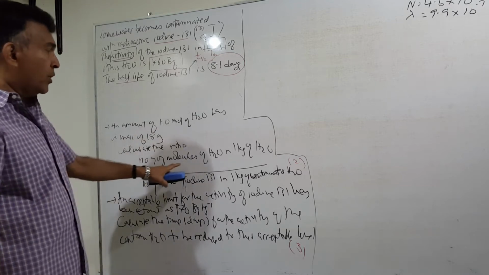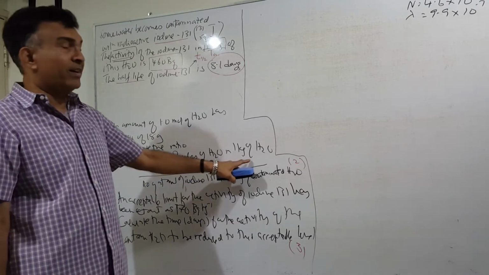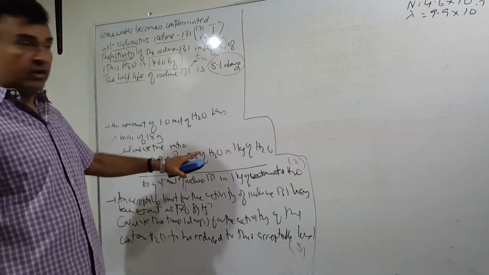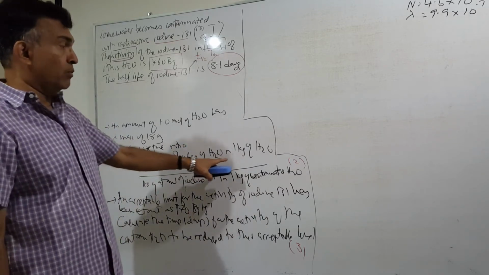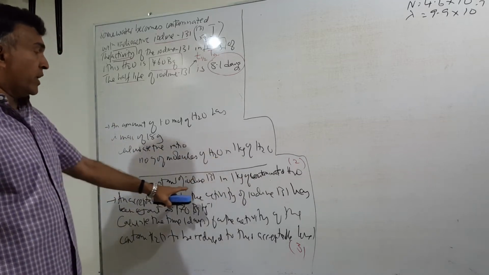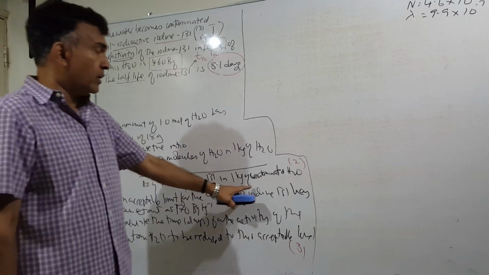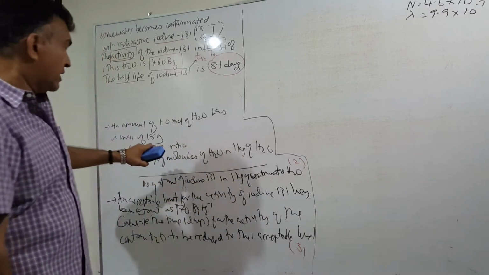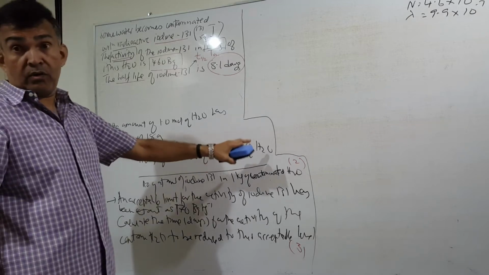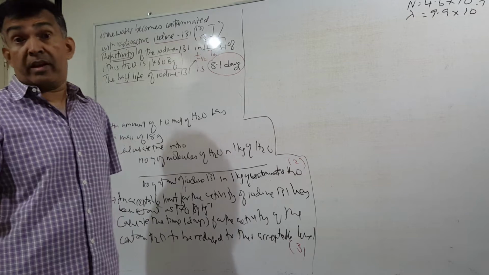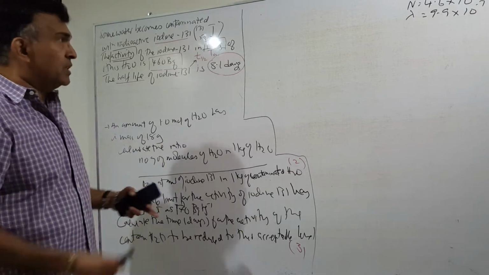What's the ratio? The numerator is the number of molecules of water in 1 kilogram of water, and the denominator is the number of atoms of iodine 131 in 1 kilogram of contaminated water.